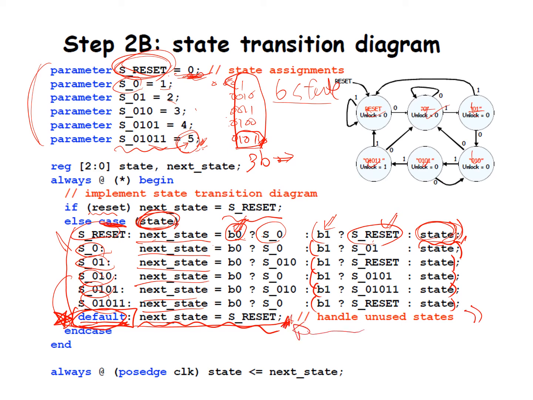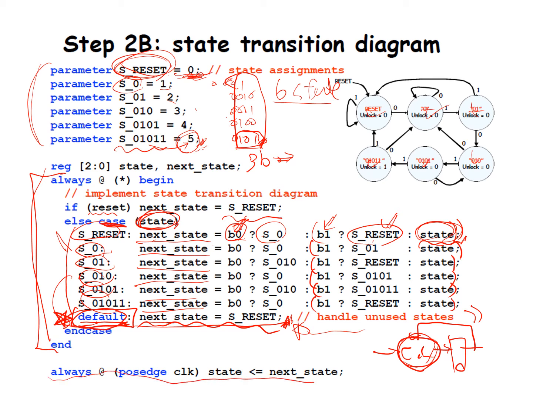It's very important. So once we describe this always statement for the combinational logic just before the flip-flop, this combinational logic is described in this format, and then we describe the always statement like this.